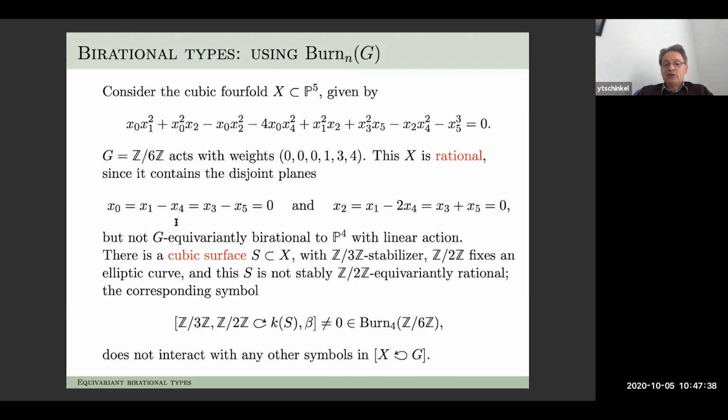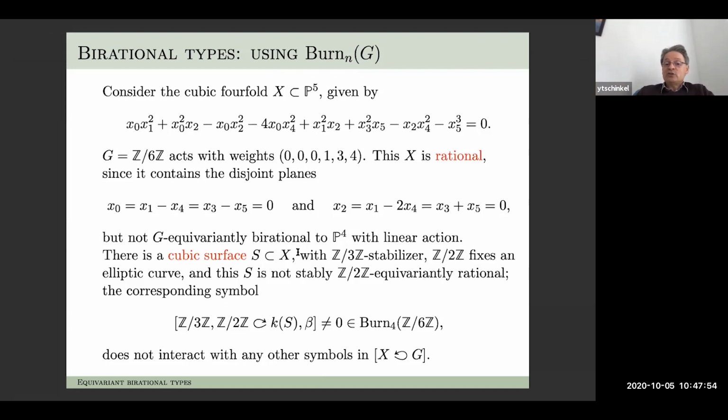There is actually a cubic surface with stabilizer Z mod 3, and what's essential, the correct normal bundle data, normal bundle weights. This is how the equation was picked.